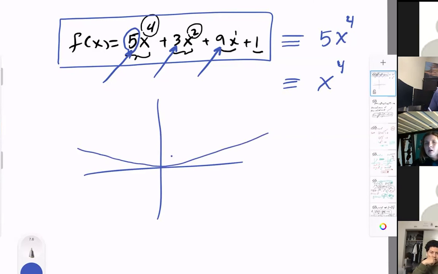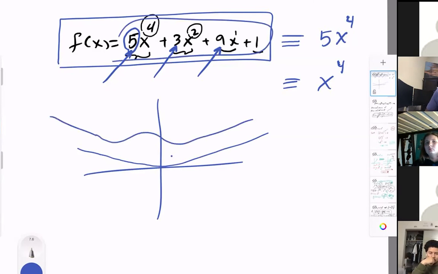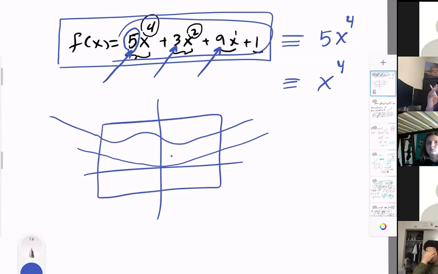Not exactly like this, but something like that. And if you graph this one, you might see something like this. Two different graphs in short-term behavior. In a small window, you will see a bump here, but we don't see a bump there. They're different. But at positive infinity or negative infinity, both of them behave the same. They have the same behavior at infinity.